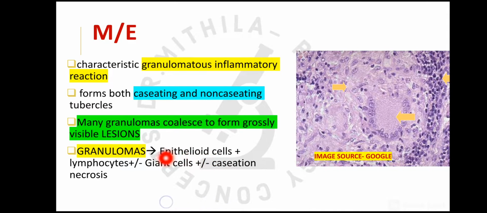So epithelioid cells are transformed macrophages, and they have a slipper shaped nucleus and a moderate granular pink cytoplasm. And then lymphocytes, the T helper cells, are also present in the granuloma.